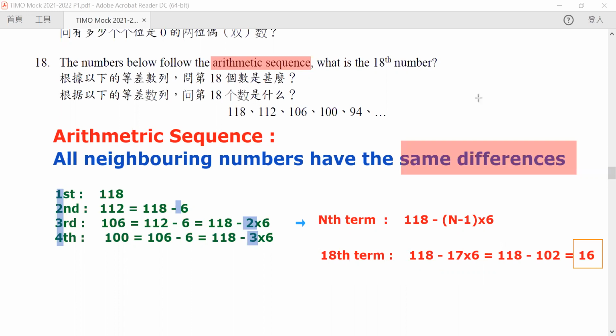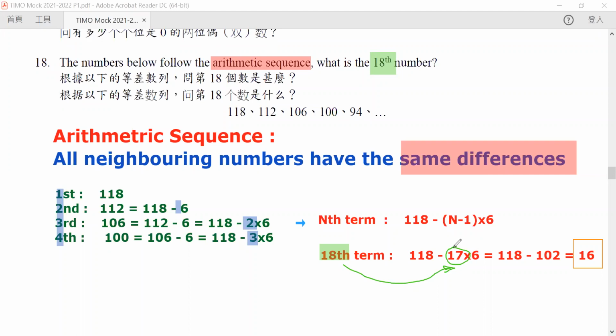Okay, is there any question? Now, every time we want to ask what is this term, all you need to do is subtract 1 from the term number and then subtract that many common differences from our first term. For our first term, of course, you don't need to subtract anything.